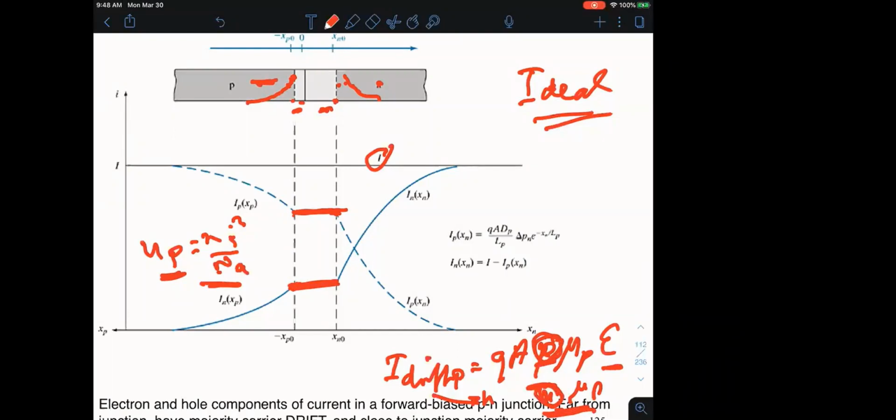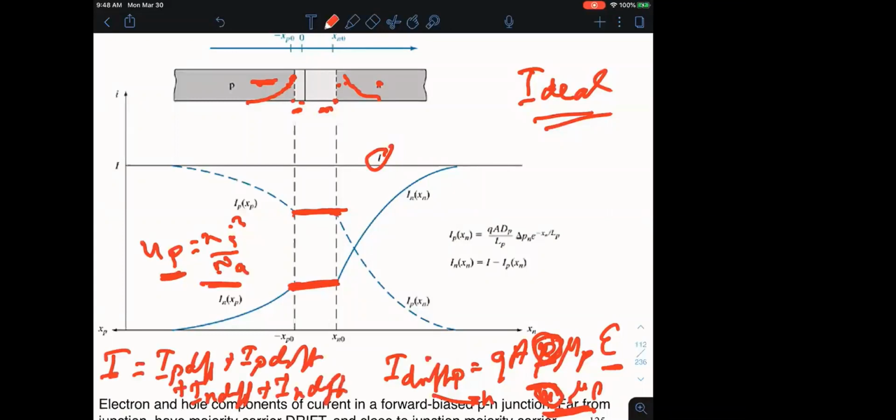So as a result, for the total current, I, which is I_p diffusion plus I_p drift plus I_n diffusion plus I_n drift, those are the four current components in general. What I can say is, at this location over here, for instance, about the electron diffusion current, which I've calculated, I don't have to worry about the electron drift current, because if there was any drift current, that would be dominated by the majority carrier hole drift current.